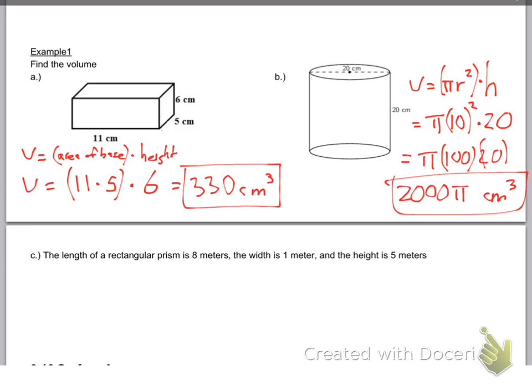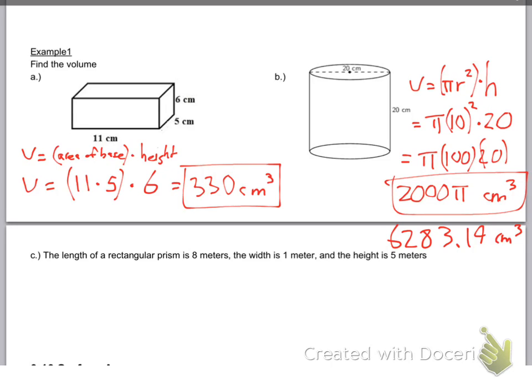Gets to be fairly large. You know it's over 3 times the amount. 6,283.19 centimeters cubed. I think I'd rather say 2,000 pi over 6,283.19 centimeters cubed. Okay? It's a little easier.